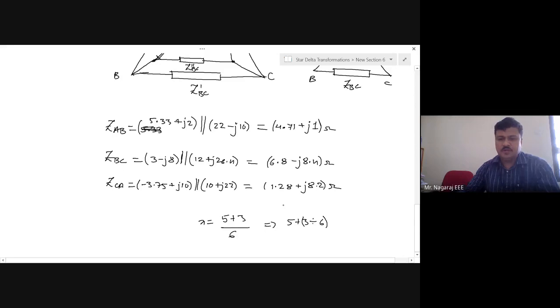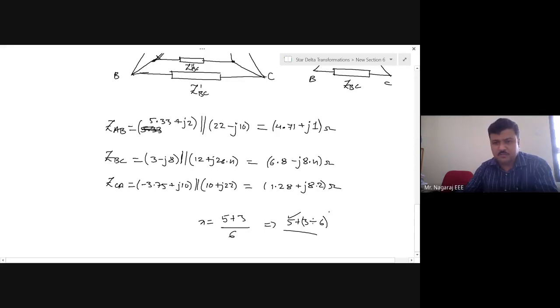If you take the 991 ES Plus, it will sometimes take it as this equation. If you take the 991 MS and previous models, it will take it as 5 plus 3 divided by 6. So this will be the error.